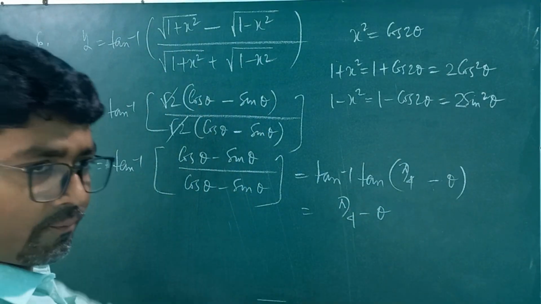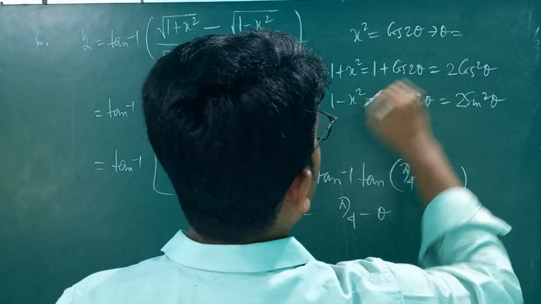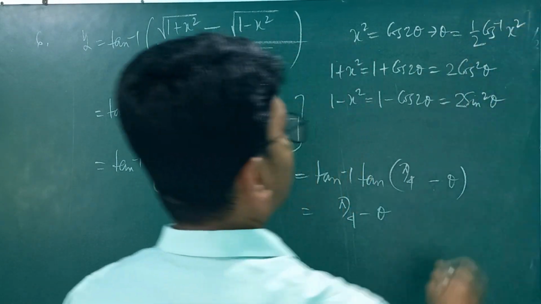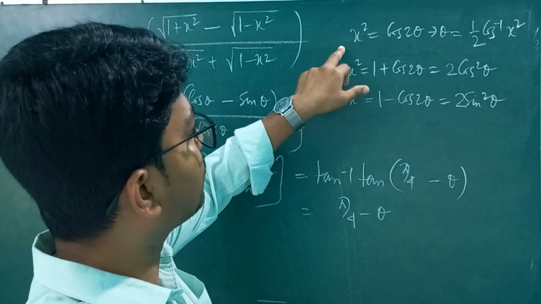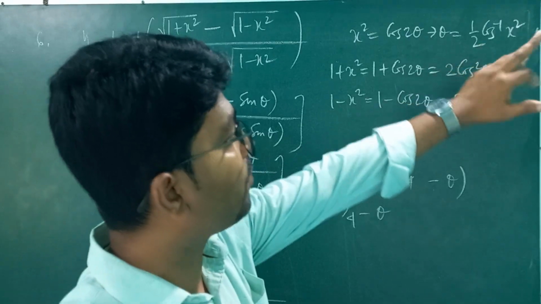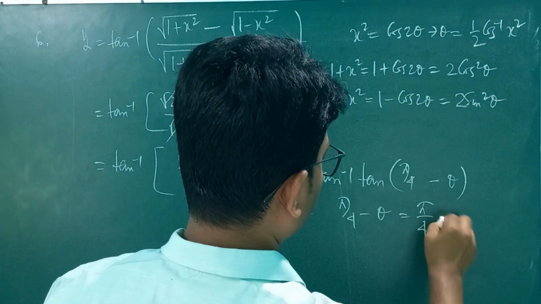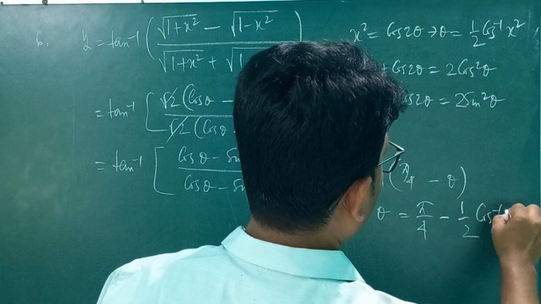Now what is theta? Theta equal to half of cos inverse x square. 2 theta equal to cos inverse of x square. So theta equal to half of cos inverse x square. So if you replace them, your function becomes in this structure, pi by 4 minus half of cos inverse x square.